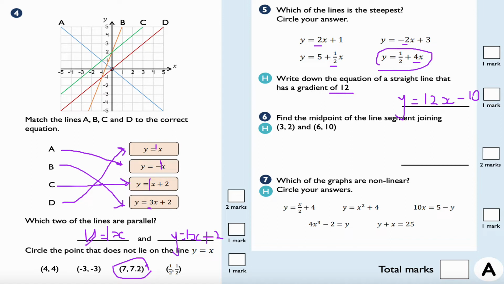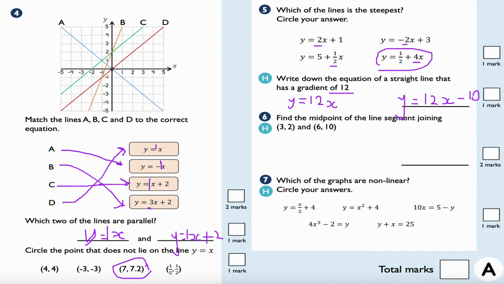It doesn't really matter, provided that it's in the form y is equal to 12x. I don't even need a plus a number, that would also be sufficient. But I was putting a number here because I want you to understand that it's in the form y equals mx plus c. So this part just tells you where it crosses the y-axis.